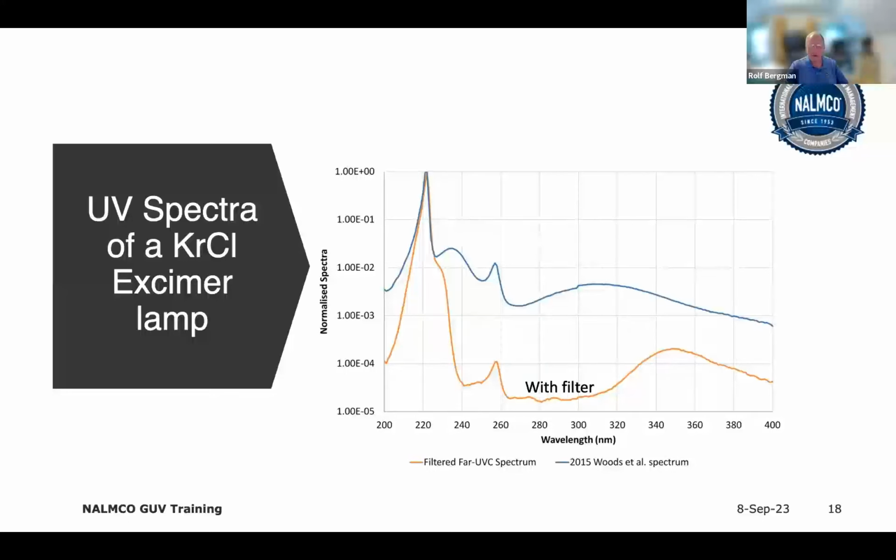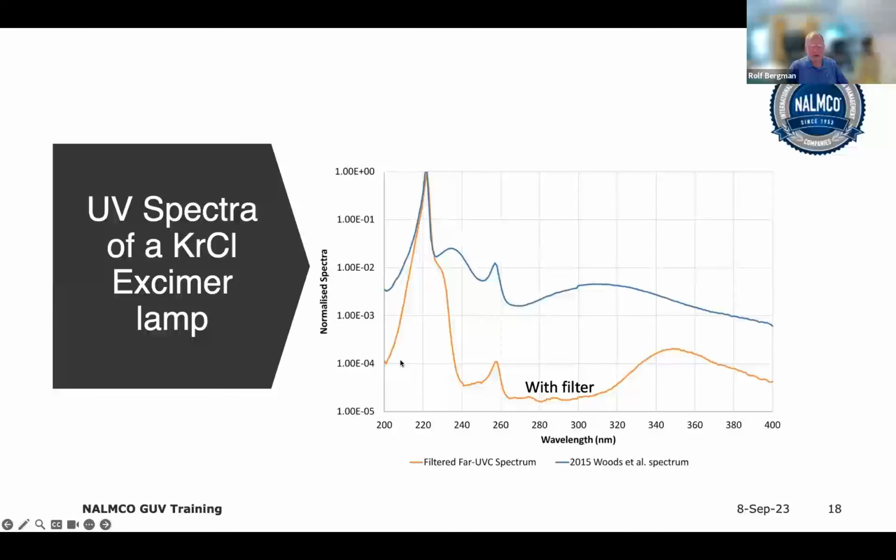So 100 times less light coming out in the UV C and B regions above 230. It also has some effect of filtering below the 222. You notice that at 200, there's over an order of magnitude less emission with the filtered lamp than the unfiltered lamp. This is shown here.